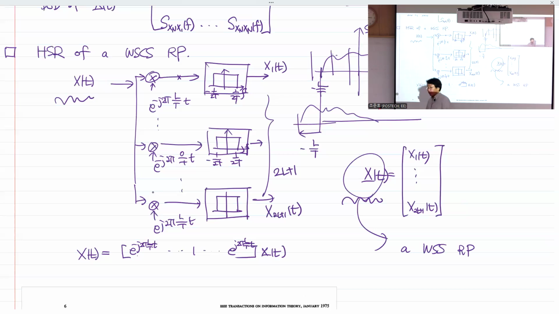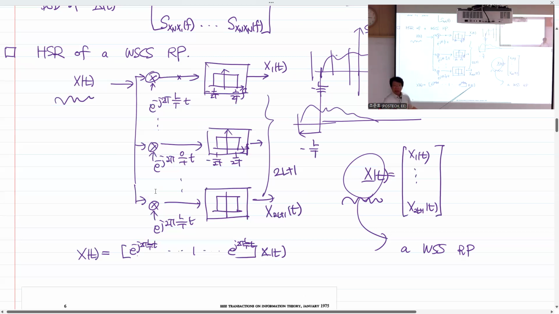So actually, a wide-sense cyclostationary random process is equivalent. I'm not saying that they are the same. Okay? It's equivalent. Equivalent means something subtle. Equivalent to a vector wide-sense stationary random process. So from x, a wide-sense cyclostationary random process, you can obtain a vector wide-sense stationary random process.